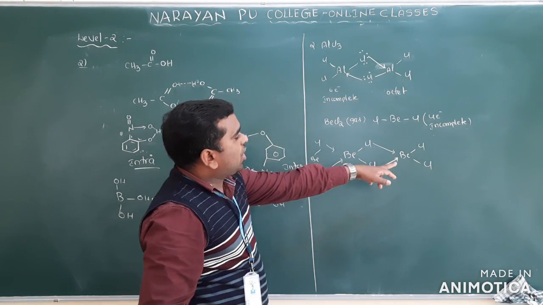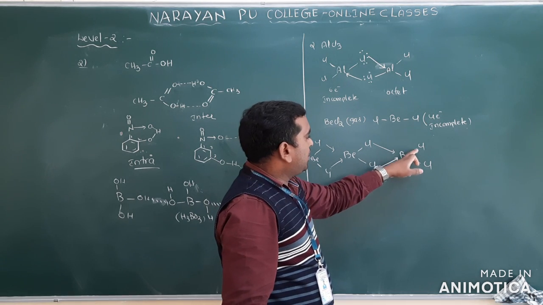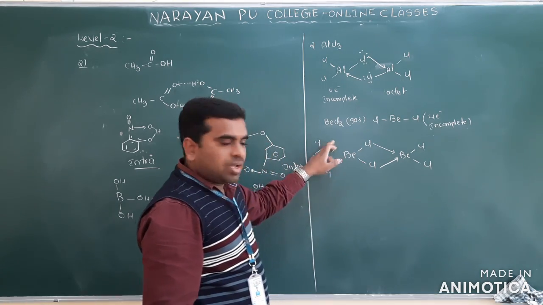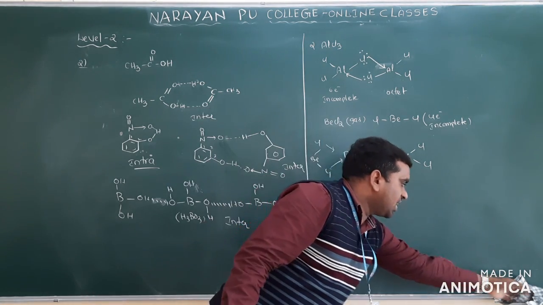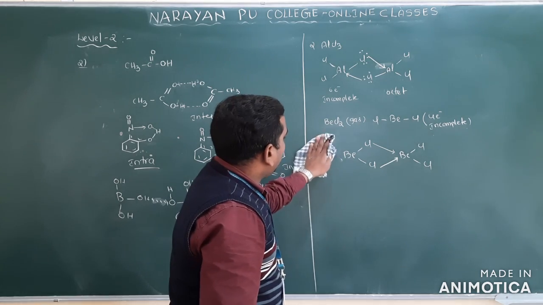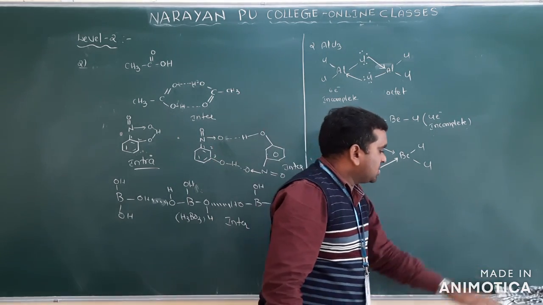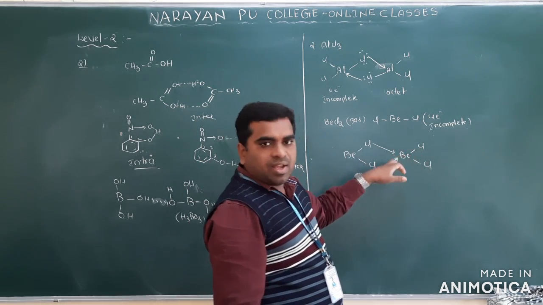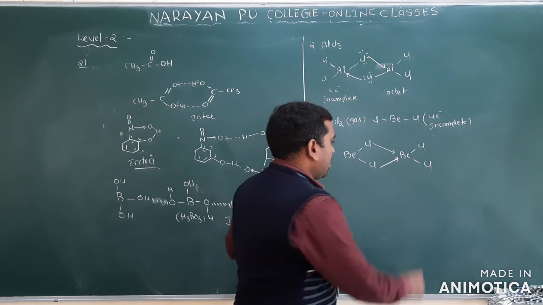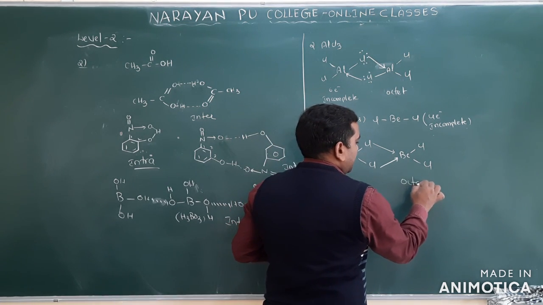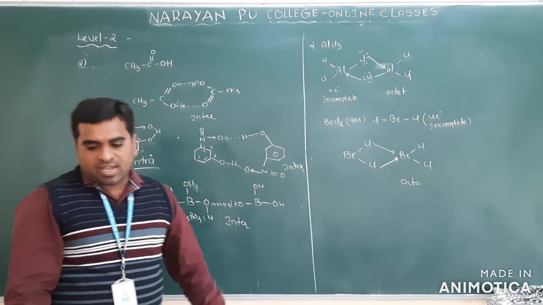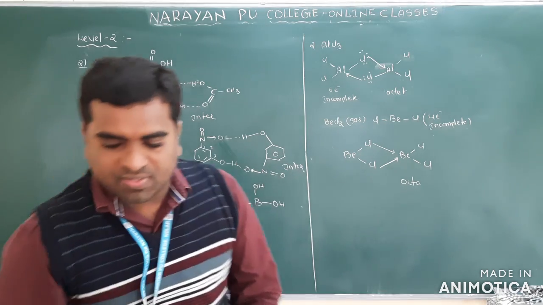Now how many bonds? 1, 2, 3, 4. This is also 1, 2, 3, 4. Keep on writing like this, dimerization. When it is involved in the dimerization, it attains the octet. Now the octet is complete. So that's why they are involved in the dimerization.